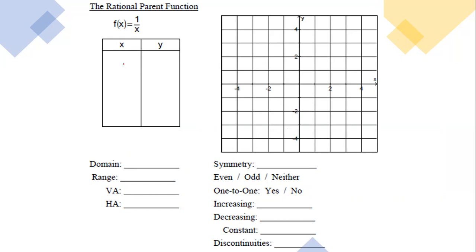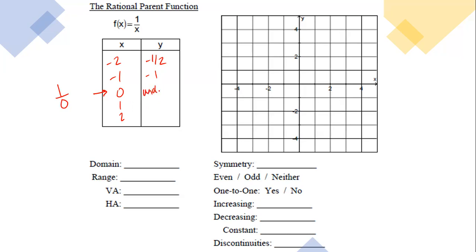Okay, so to start off with our parent function, we're going to use -2, -1, 0, 1, and 2. When we plug these values in, we end up with -1/2, -1, and there's a problem here, 0. What happens when you have 1 over 0? It doesn't happen.